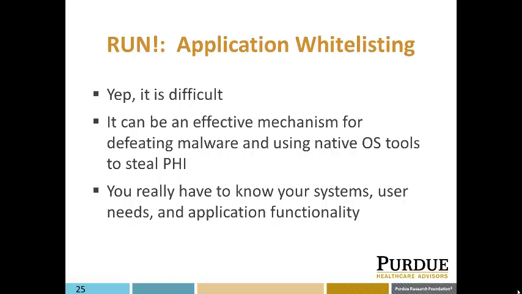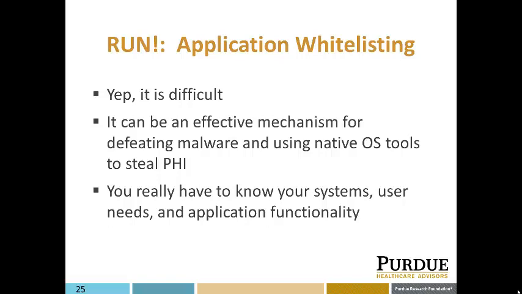In order for this to work effectively, it goes back to that inventory stage. You need to know your systems, you need to know your applications, you need to know what your systems and your end users need. You need to know what the application functionality is. This is one of the things that makes it difficult, because if you don't authorize an application and an end user needs it, it won't run. And then it becomes a help desk ticket.